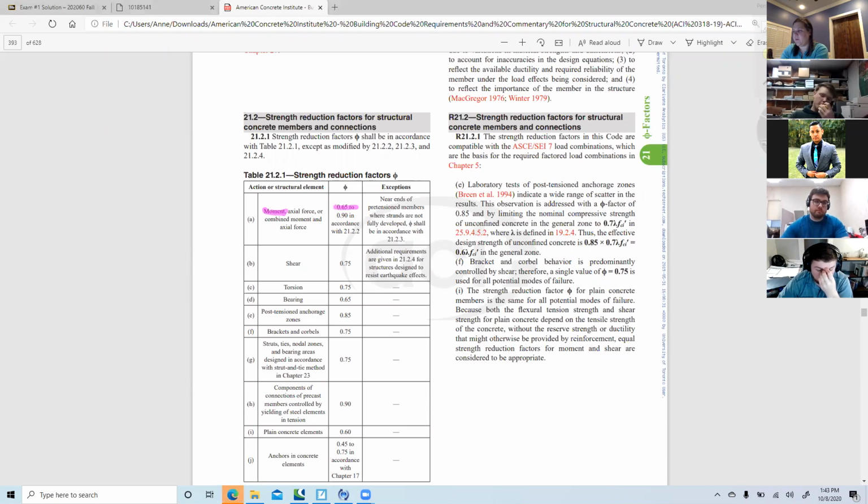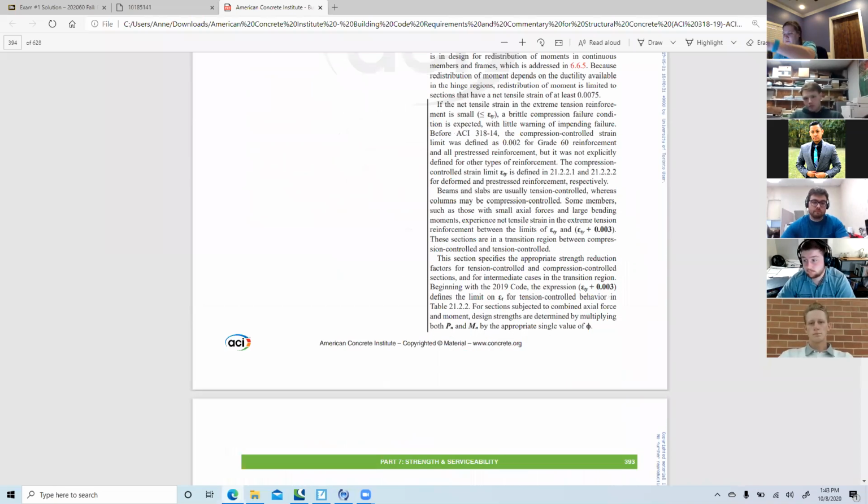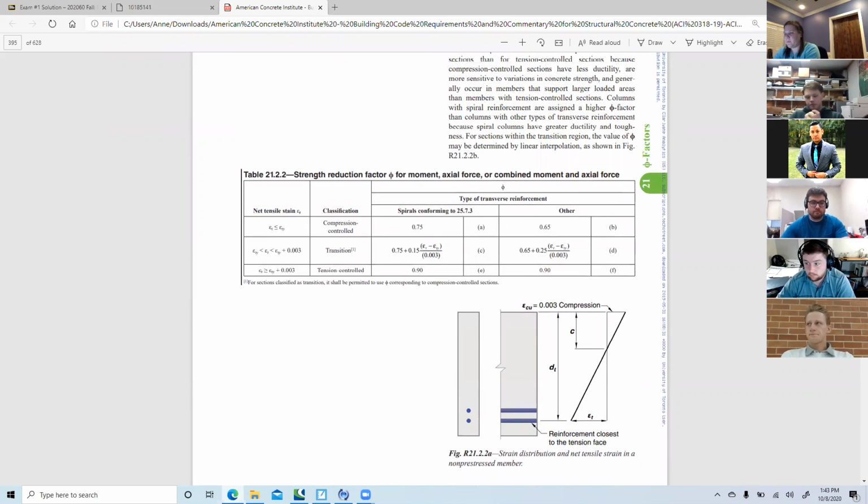So phi can only be from 0.65 to 0.9. Here are the actual equations: if the strain in your extreme tensile reinforcement is less than yield, you're compression controlled. If it's greater than yield plus 0.003, so about 0.005, you're at 0.9. It's only if you're in between those two values that you use these equations.